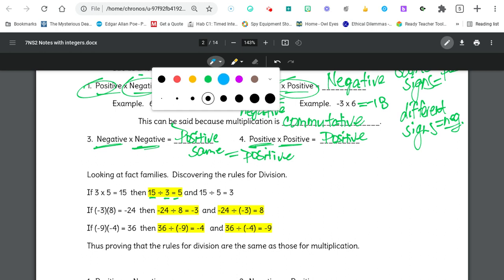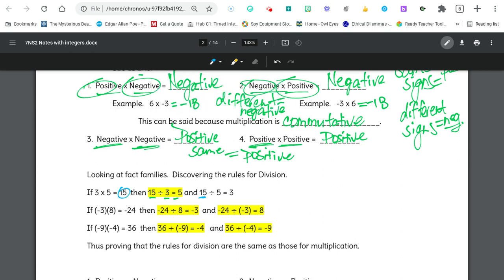That's not going to happen. Or if you take negative 15 and divide it by 5, you're going to get the other number in the family, which is 3. So basically, whatever works for multiplication will also have to work for division because they're inverses of each other. The signs or the rules for multiplication and division are going to be the same.